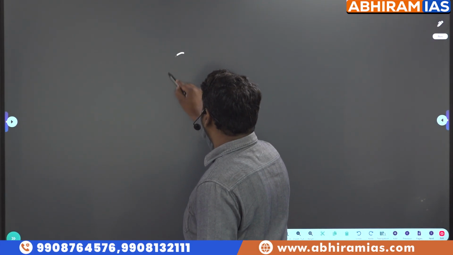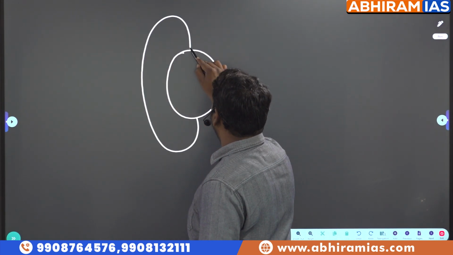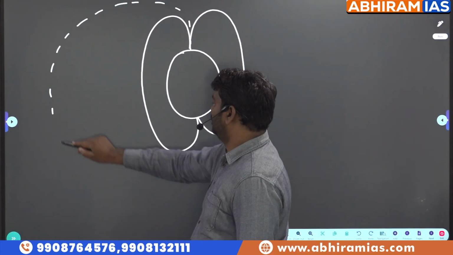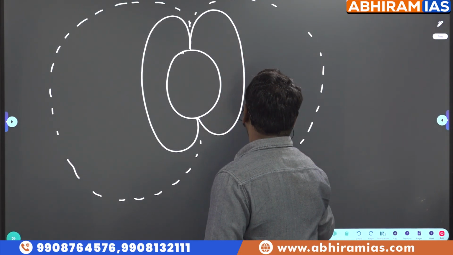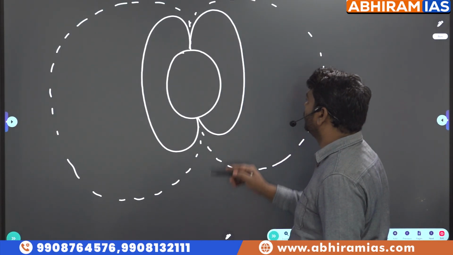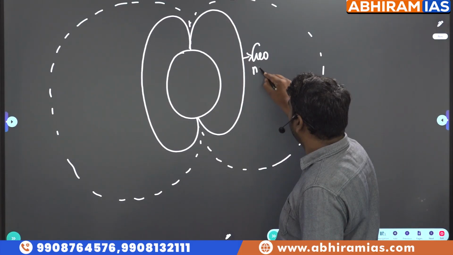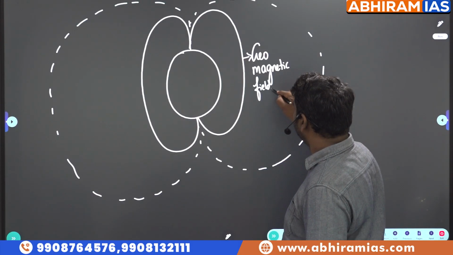You see here, if this is Earth, this is the geomagnetic field. See, where the lines are present, we call it the geomagnetic field.